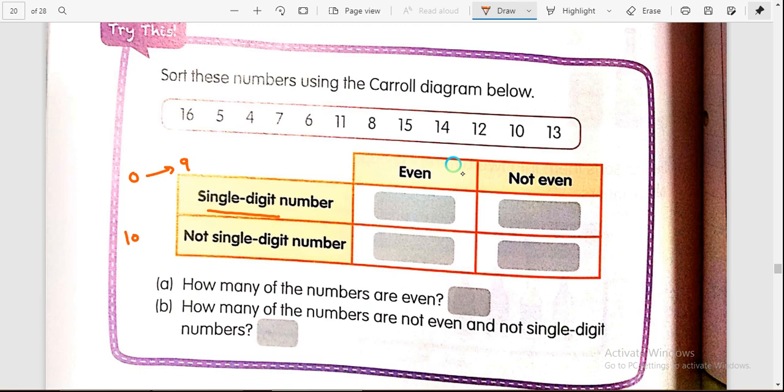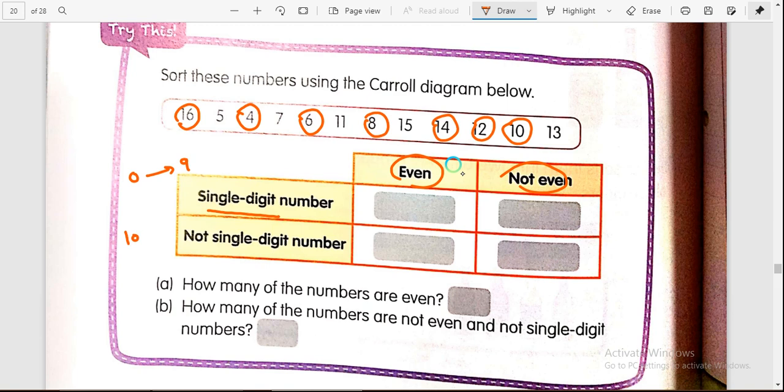So here, I have even and not even. Let's count the number of even numbers first: 1, 2, 3, 4, 5, 6, and 7. We have 7 even numbers. Someone is going to ask me, how can I know whether a number is even or not?